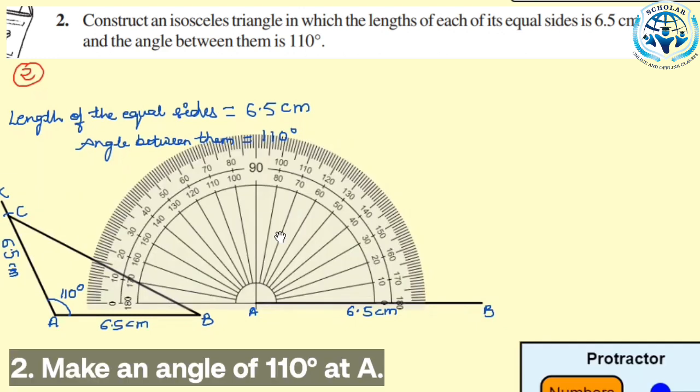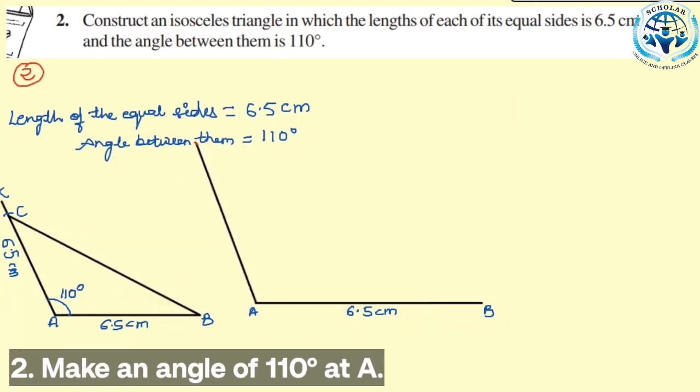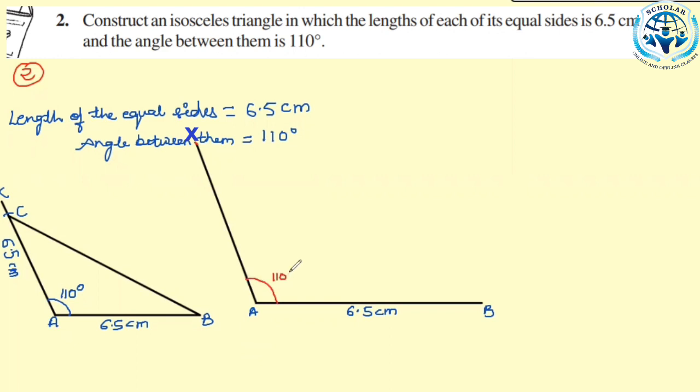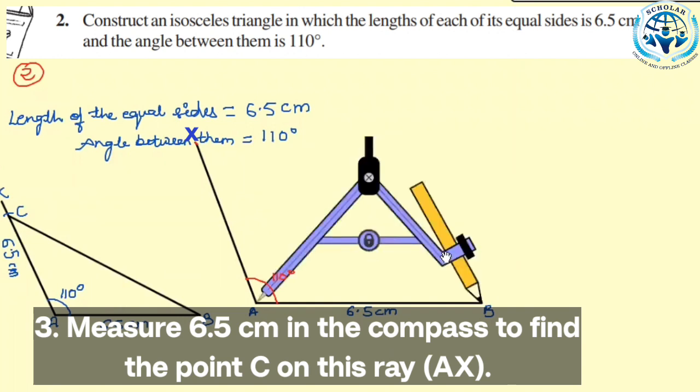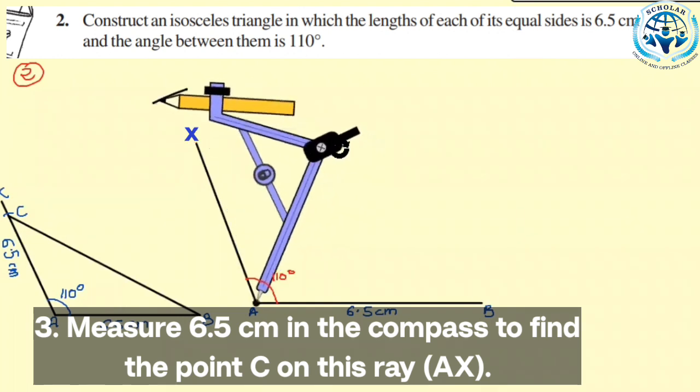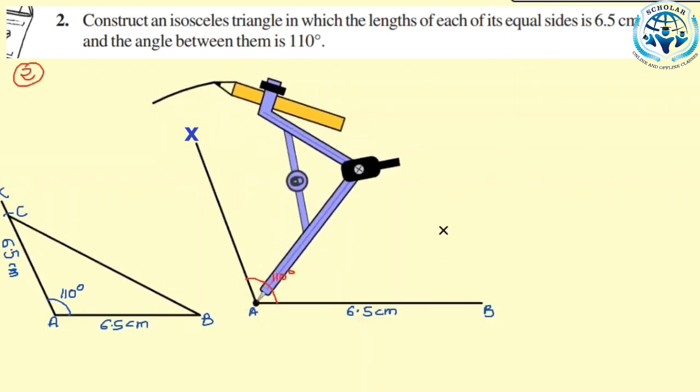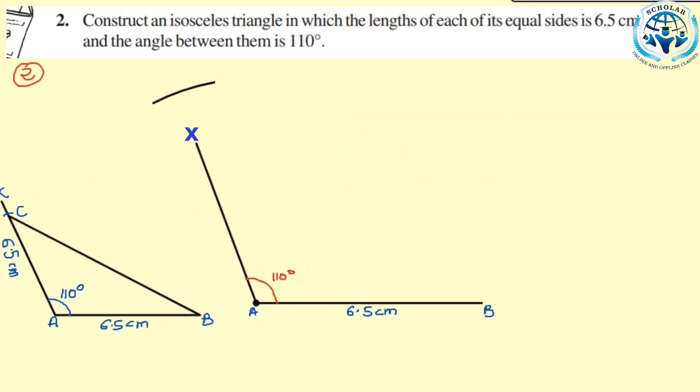Now measure 6.5 centimeter in compass and make an arc using A as center and 6.5 centimeter as radius on this line to find the point C. Extend the line to make AC.